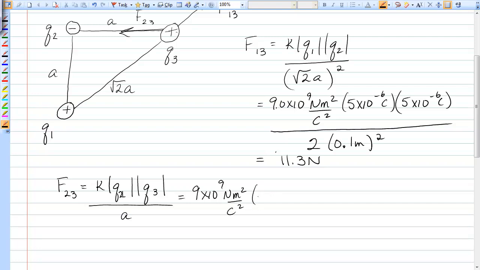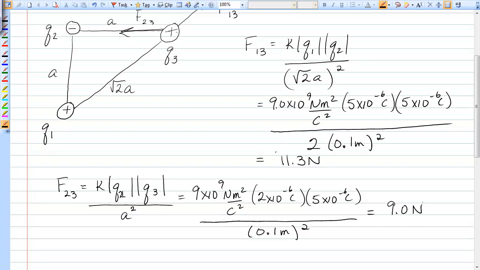Q2 in this case is 2 microcoulombs. And Q3 is 5 microcoulombs. And the distance between 2 and 3 is just a squared. Whoops, forgot squared. a squared is 0.1 squared. And that just exactly equals 9 newtons.